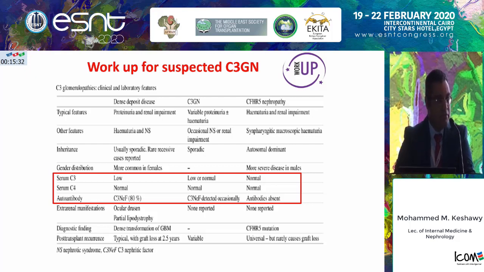Because the alteration is mainly in the alternative pathway, of course you see serum C4 at its normal level, while in C3 glomerulopathy, C3 becomes low, while in complement factor H related protein 5 disease, which is now on its way to be designated as a specific disease entity, both C3 and C4 are normal, and even antibodies are lacking.